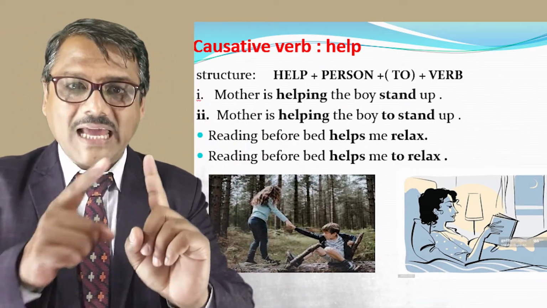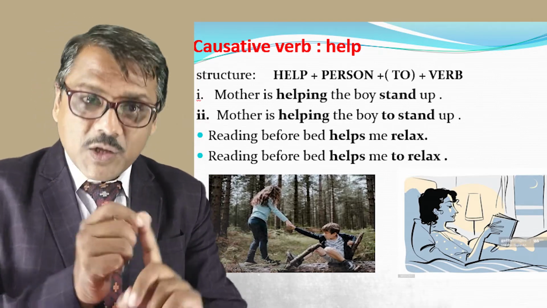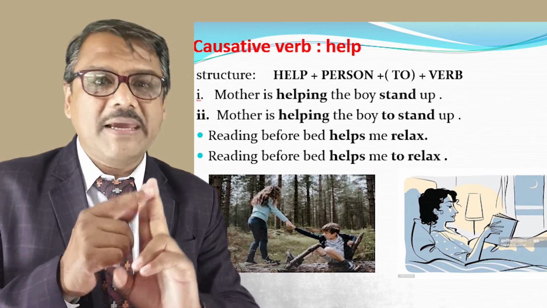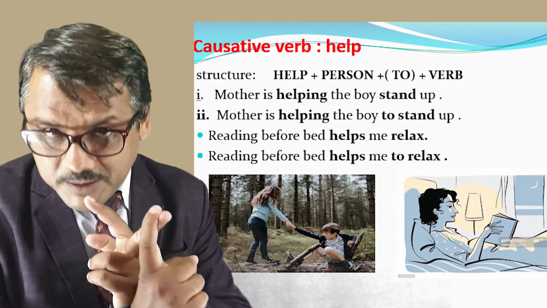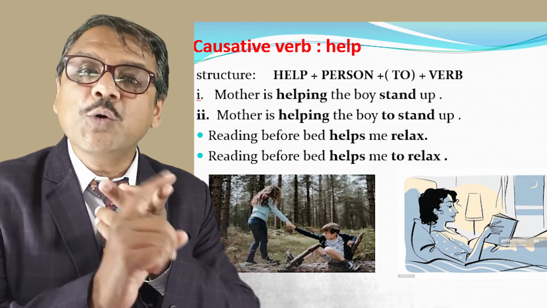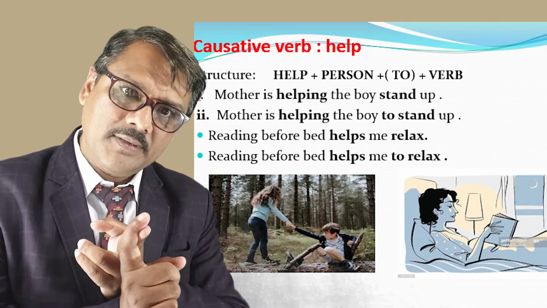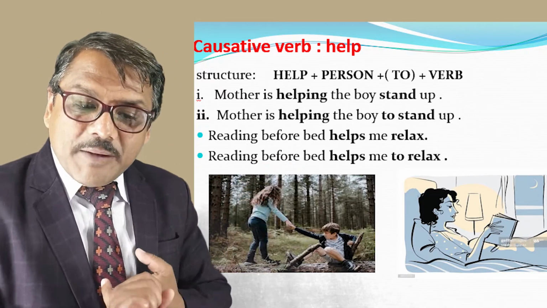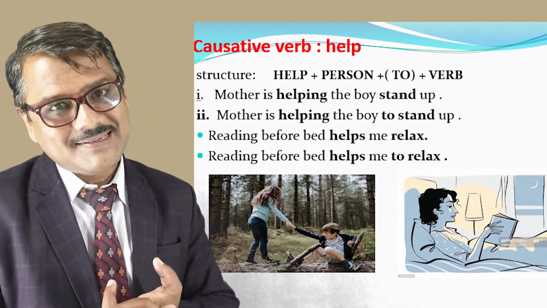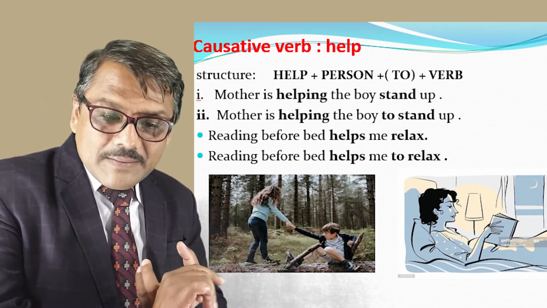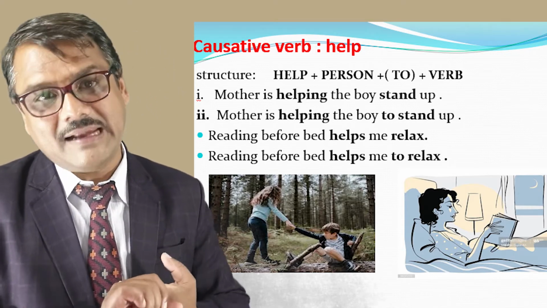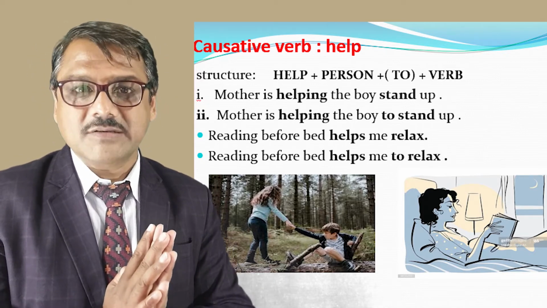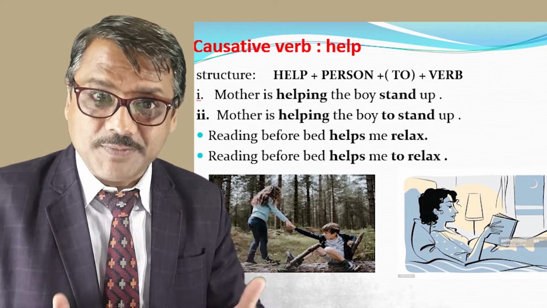It means that with the verb help, we can use both the forms: bare infinitive, only the base form of the verb, and to infinitive, to and the base form of the verb. Both can be used. Look at the second one. Reading before bed helps me to relax. And reading before bed helps me relax. Both the sentences are grammatically correct. Both are acceptable.